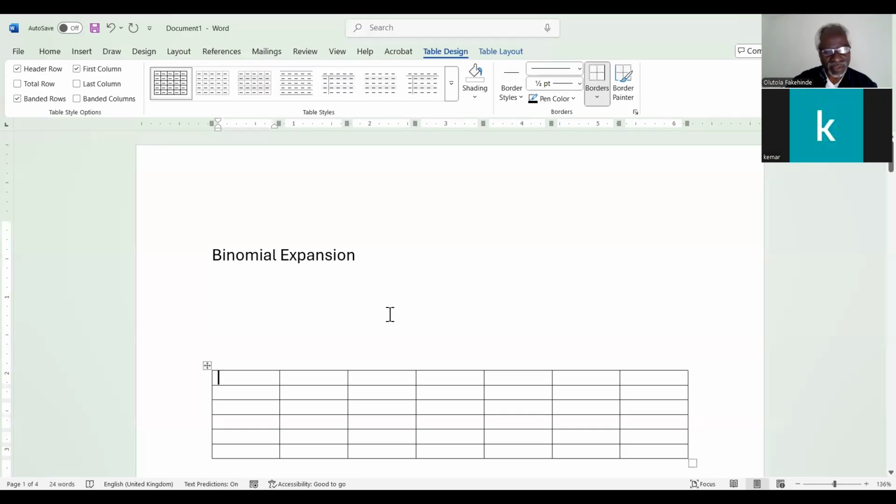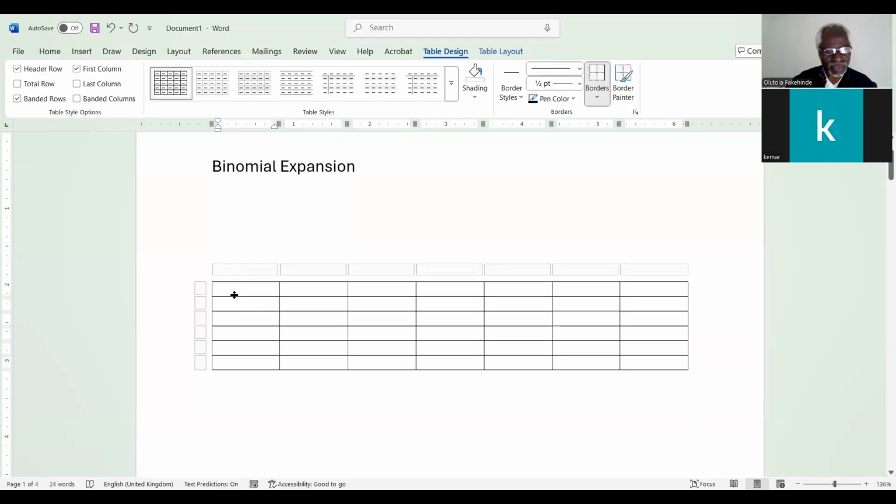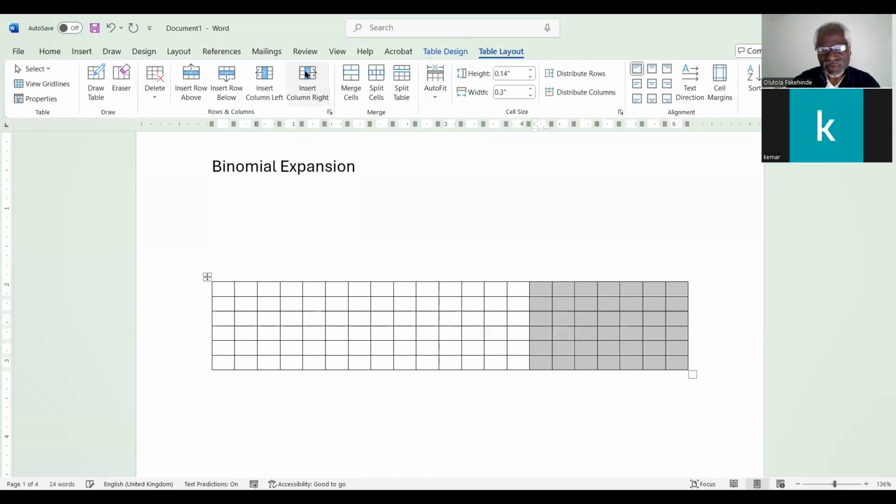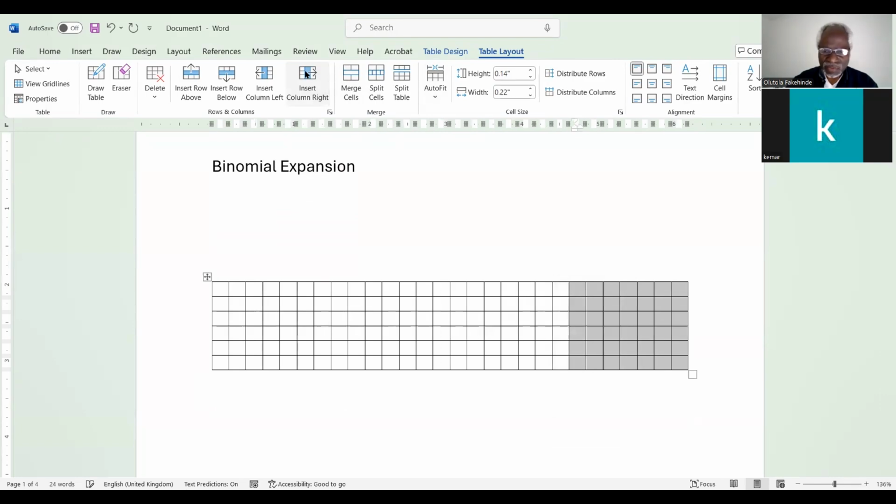So we're having a table, and I want to increase this table so that we'll be able to draw about, let me see how many layers.